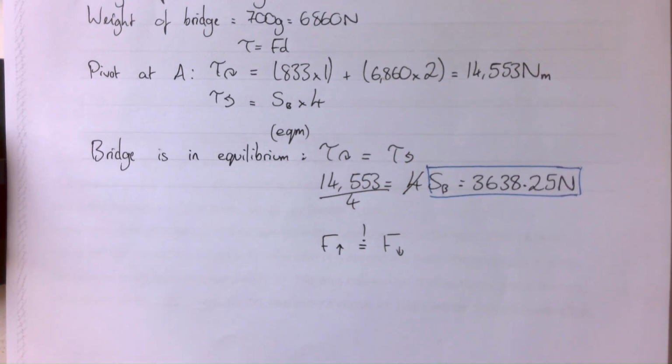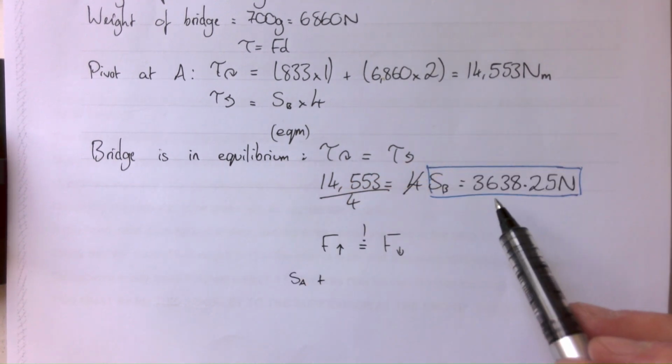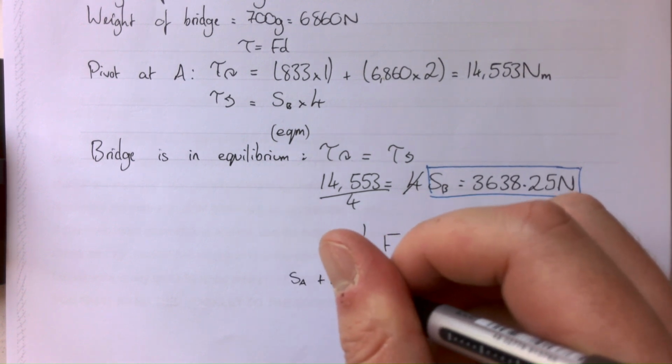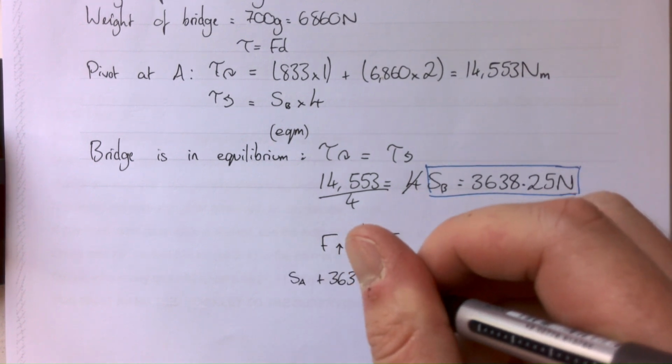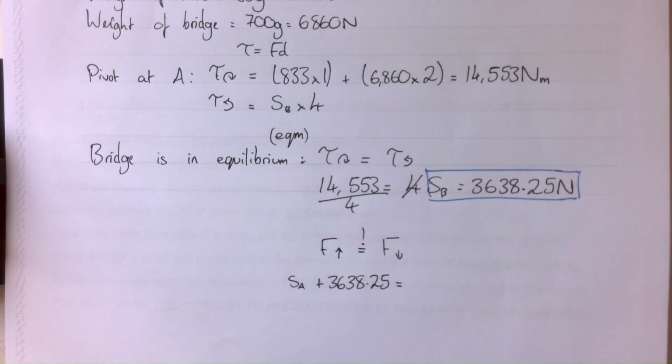So if you resolve all your forces, you should find that you can work out SA just because it's the last one missing. So my forces upwards are SA plus my other support force, 3,638.25, and they must be equal to, because this bridge is perfectly balanced, it's not accelerating upwards or downwards, so the forces must be balanced.